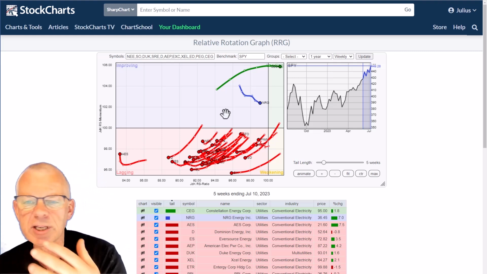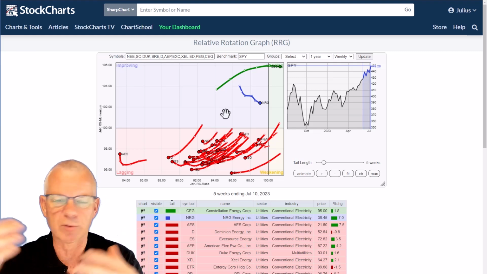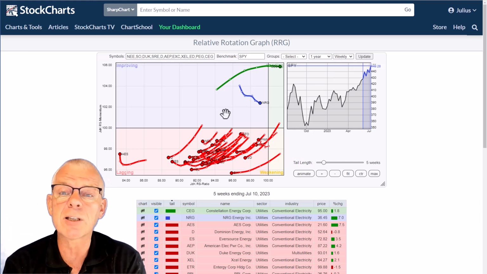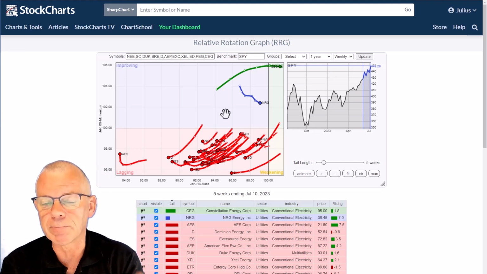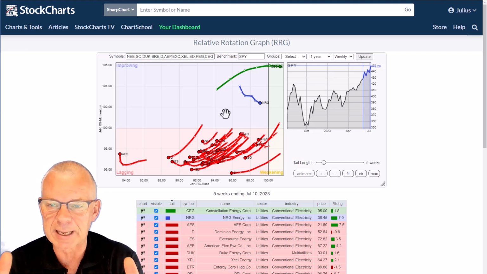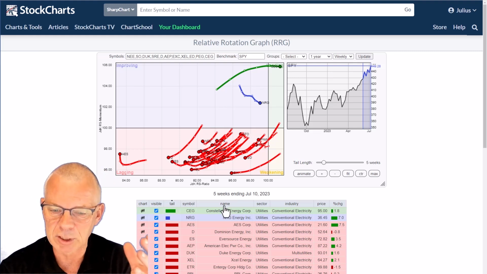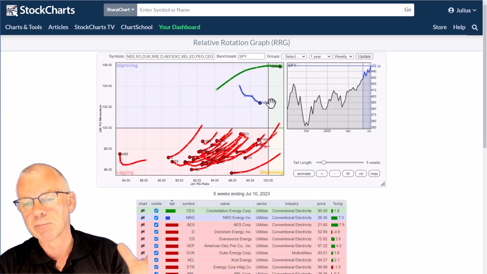However, you still need to have some allocation to that sector because of portfolio constraints, or maybe you're managing a utilities portfolio. So what do you need to buy to actually outperform that index? It's quite clear that in this universe, Constellation Energy is one of the few, and then there's Vistra and NRG, which are doing really well.